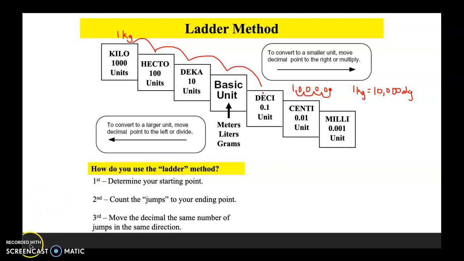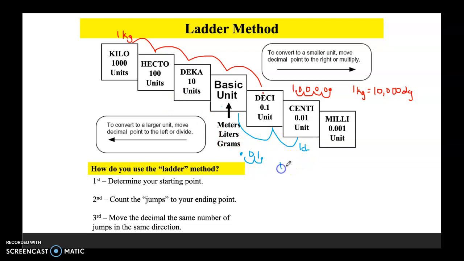And we can move in the other direction as well. So for instance, say I have 1 centiliter, and remember liter can be lowercase or uppercase, and I want to go to a basic liter. Then I would go 1, 2 jumps. So I move my decimal 1, 2 to the left because my jumps were to the left, and fill in that 0.